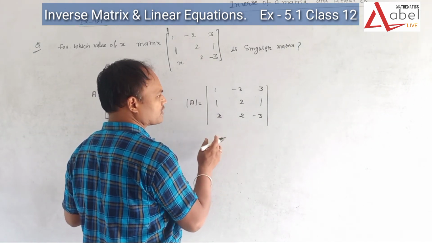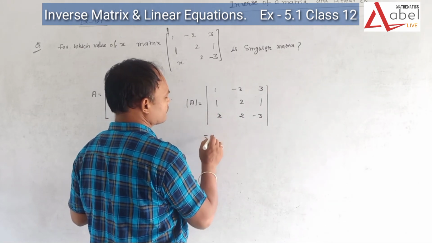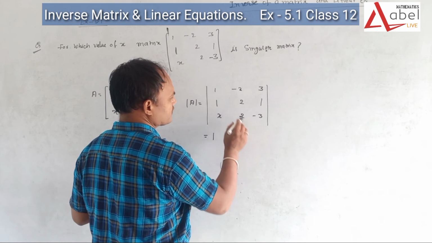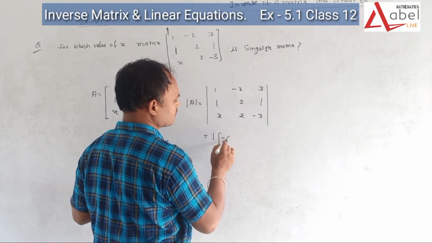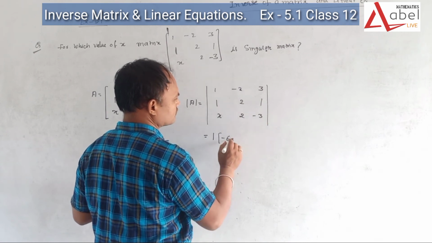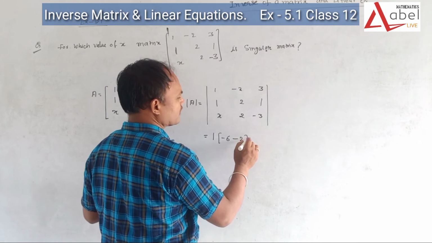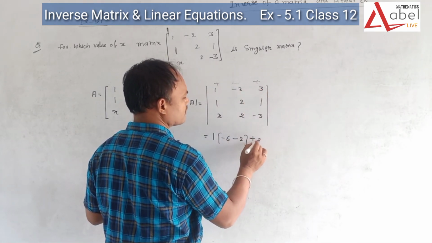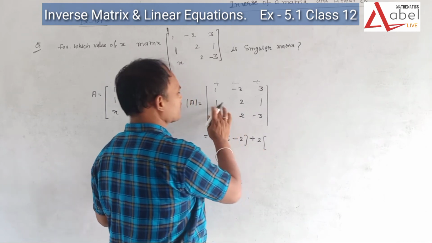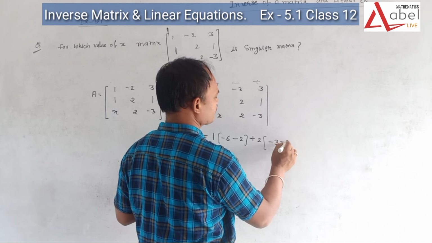If the question is this, how can we solve it? We have to find the value of the determinant directly. So we take 1 and multiply by minus 6 minus 2. Then with the plus minus plus sign pattern, the next term has a positive sign with 2. What about here? It is minus 3 minus x.